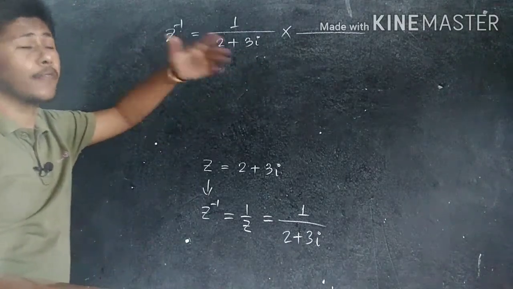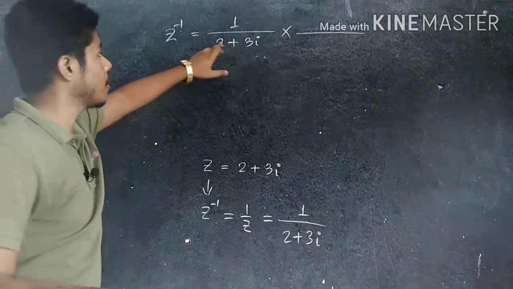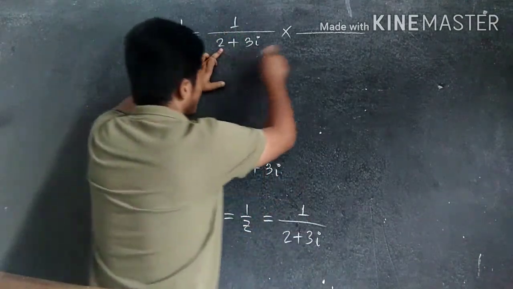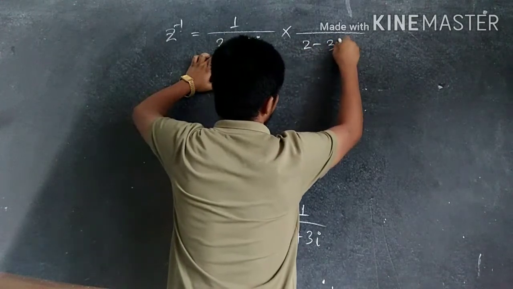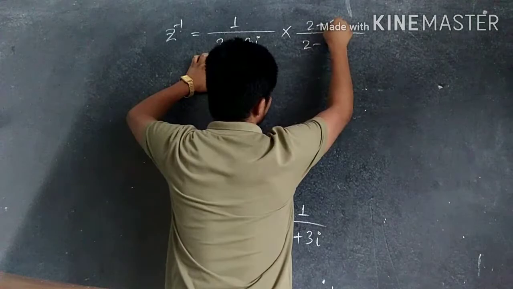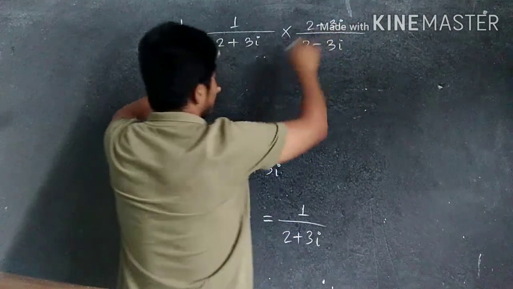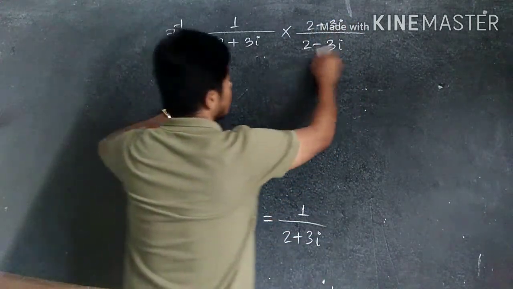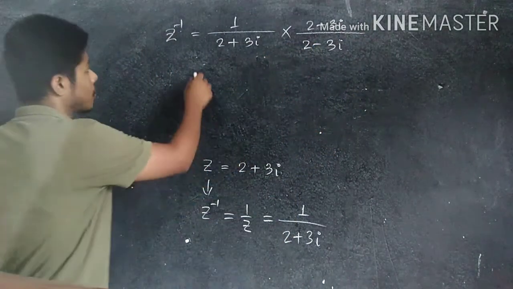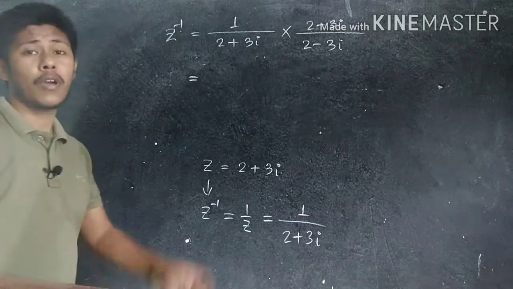Here the conjugate is 2 minus 3i, so we multiply numerator and denominator by 2 minus 3i. In the numerator we get 2 minus 3i, and in the denominator 2 plus 3i times 2 minus 3i.